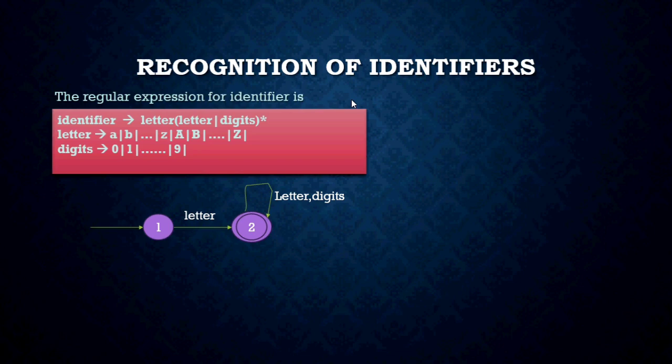So when we apply a letter, we move from the initial state to the final state. So even one letter is recognized as an identifier. Now it can be followed by any number of letters or digits. So we make a self loop on final state 2, where letters and digits can be repeated any number of times after the first letter. So this is the state diagram for the regular expression of an identifier.